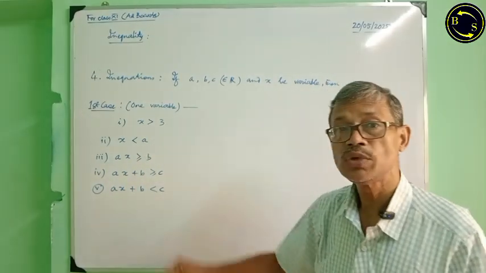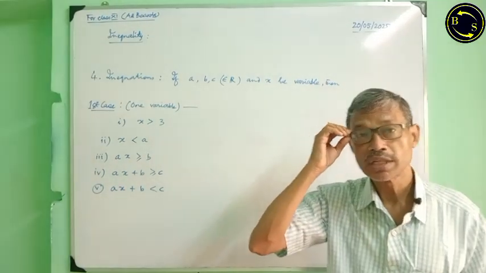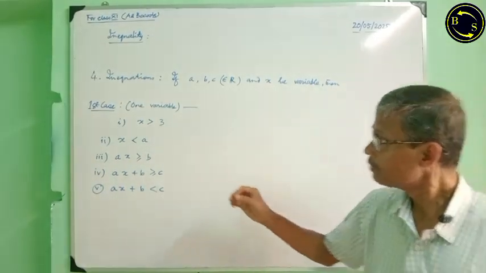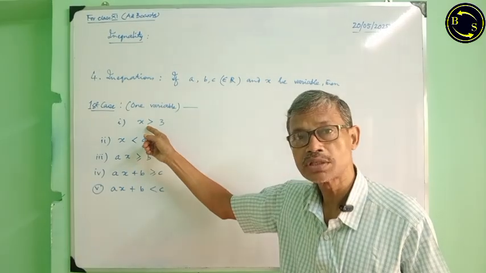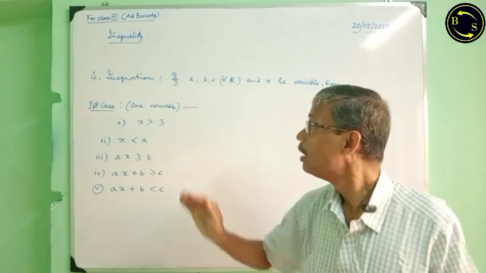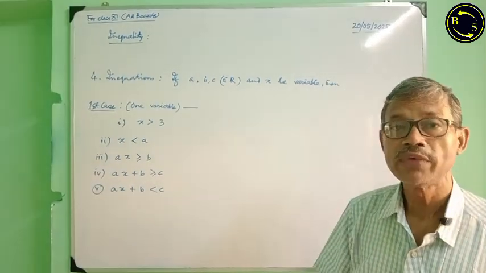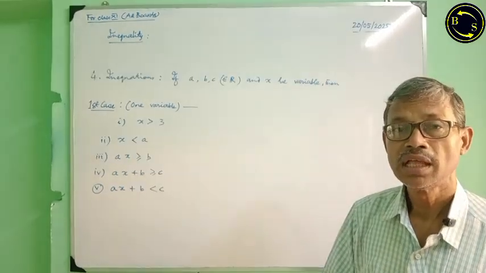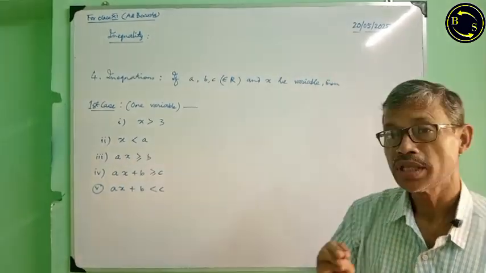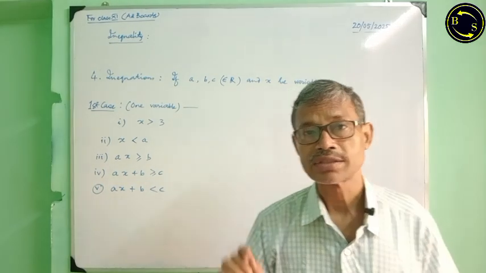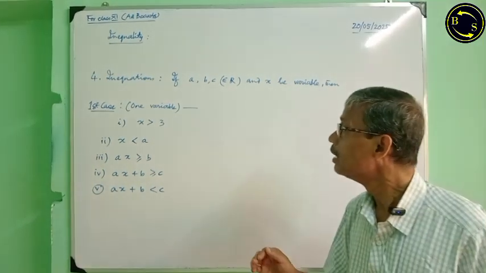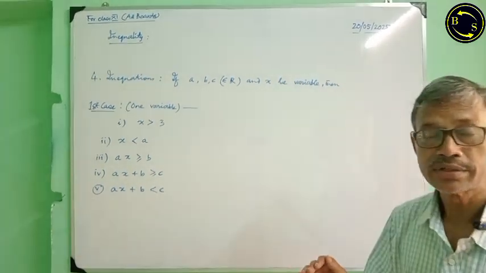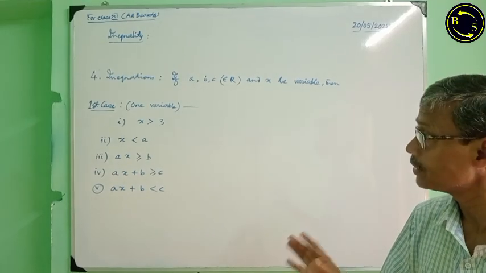Now, we consider this one, x greater than 3. That means x will have values greater than 3. That means in case of inequations, an infinite number of values will satisfy this inequation, and we call the set of values for x the solution set.